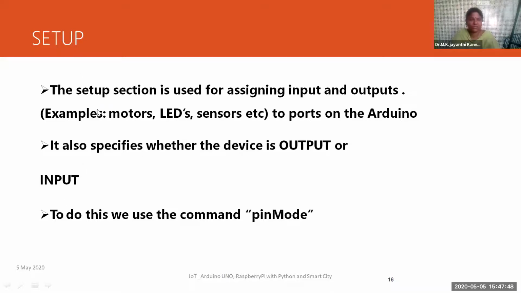So in the setup function we can configure the instructions for motors, LEDs, and sensors, and the various input output configurations can be mentioned. To do this, we use the command pinMode. Through pinMode, we will configure the devices, and that will be assigned to the corresponding pin.